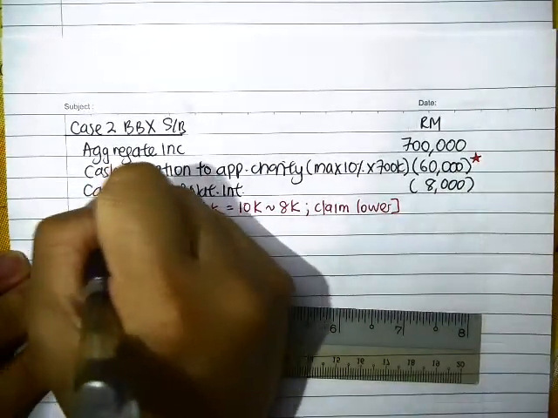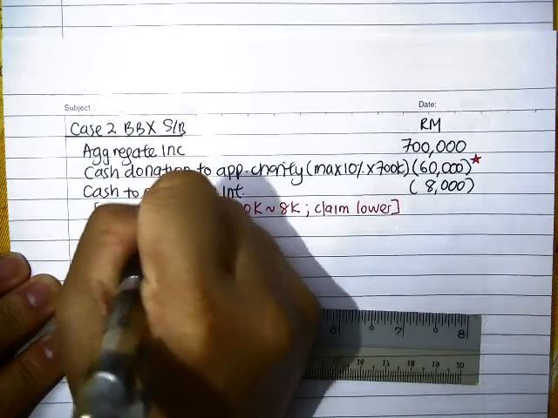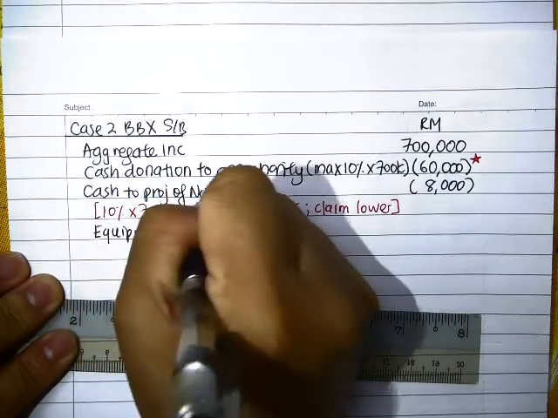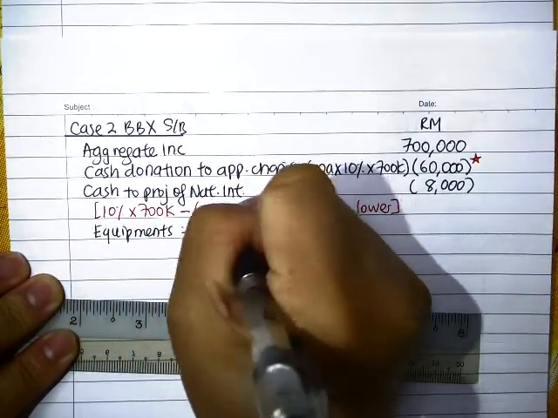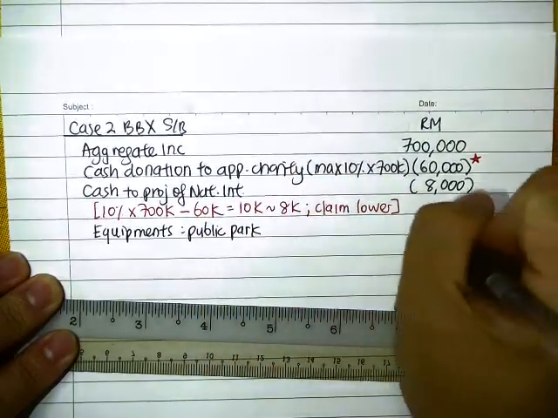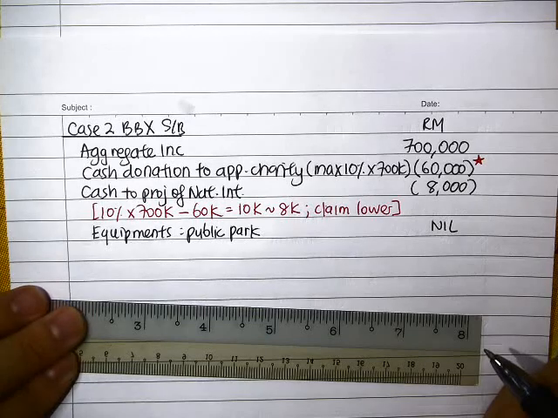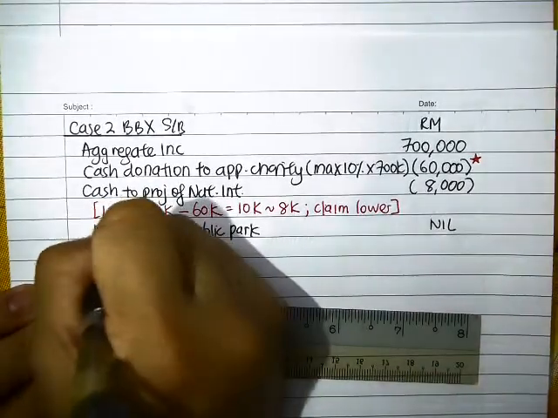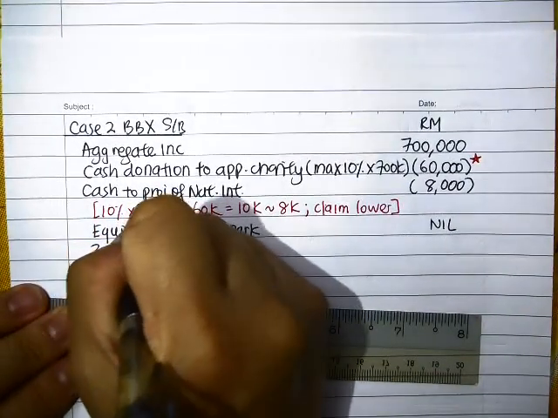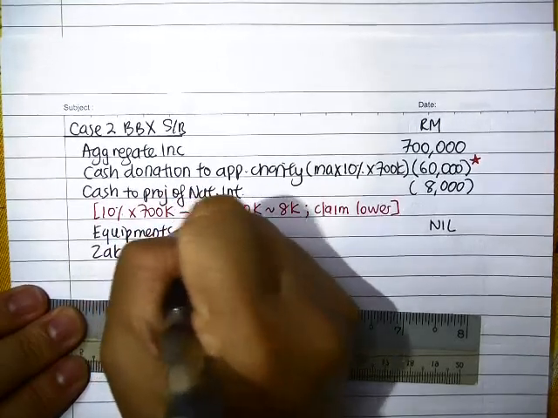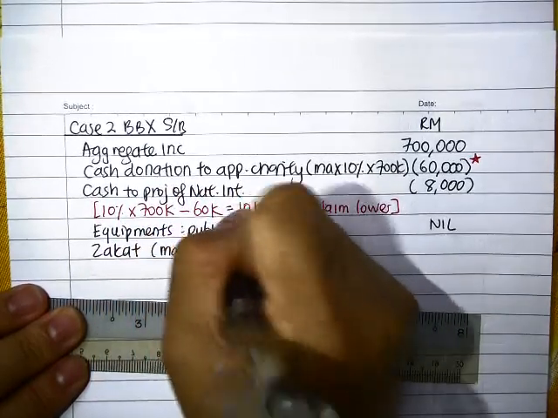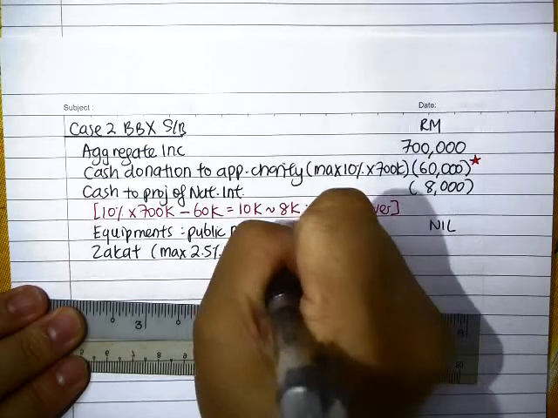Now this equipment that you donated in the public park for disabled person, you can't claim, right? Because it's only meant for individual. Now zakat to company you claim as donation. Maximum is 2.5% of 700.